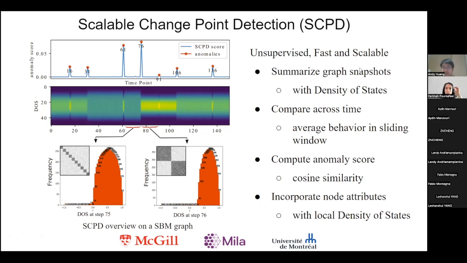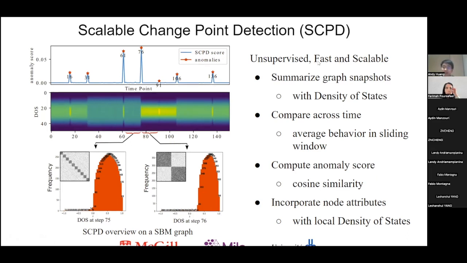So the SCPD method is unsupervised, fast, and scalable. Now you summarize the graph snapshot with density of states instead of the exact eigenvalues. One benefit of that is that you are no longer taking the entire spectrum as your embedding vector. Think about a 1 million size graph, you would then have 1 million eigenvalues, so your graph embedding also gets very, very large.